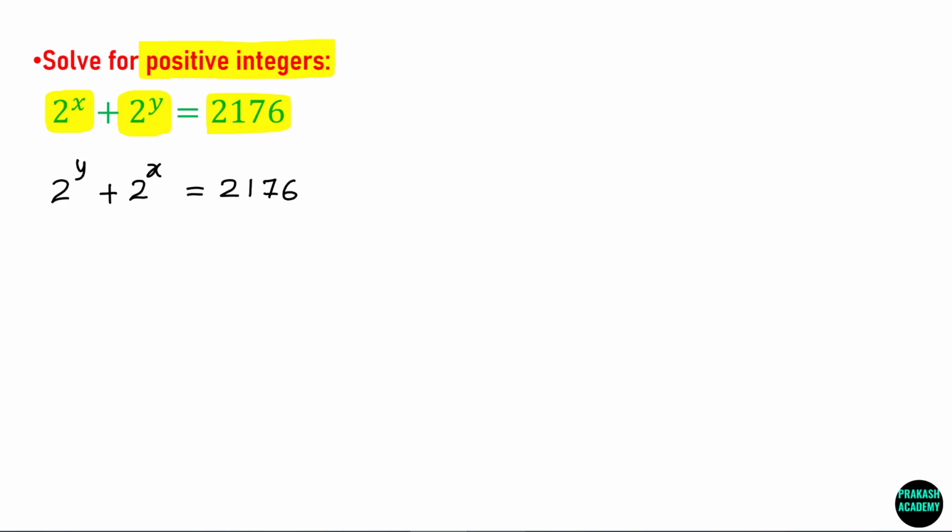That is the same equation, only the order has changed. x was earlier here, now x is in the second position, y was earlier here, now this is at the first position. So the order has changed, otherwise the equation remains the same. So there is a cyclic symmetry in this equation.